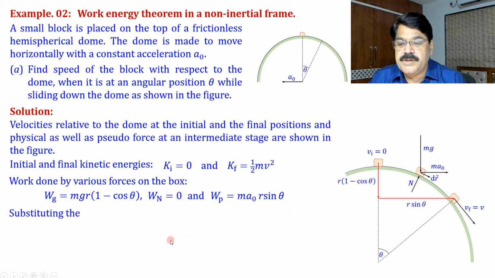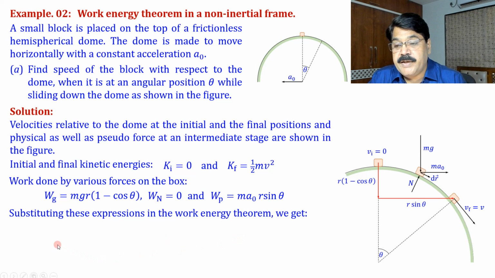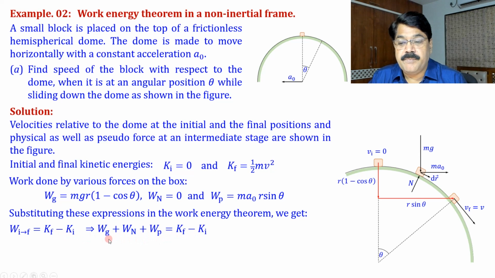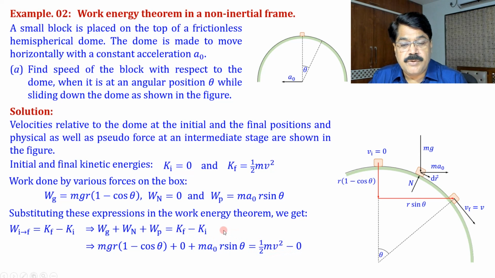Now we substitute these values in the expression for the work-energy theorem: W initial to final is equal to K final minus K initial, the formal statement of the work-energy theorem. For W initial to final, we substitute Wg plus Wn plus Wp is equal to K final minus K initial. Wg is mgr(1 minus cos theta), Wn is 0, Wp is m a0 r sine theta, equal to half m v square for K final minus 0 for K initial.